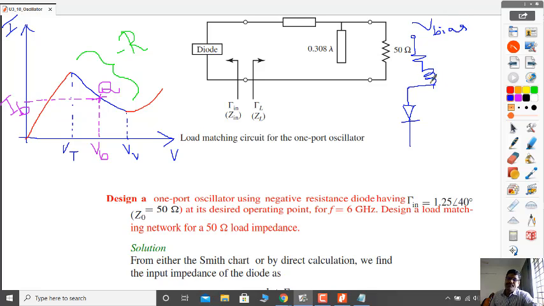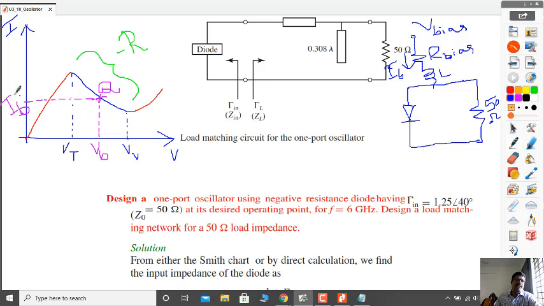This is the RF choke, and the load is normally connected to the subsequent RF subsystem, represented by the load, normally 50 ohm. This is the R bias resistor, and the current through this resistor is IB, the bias current.